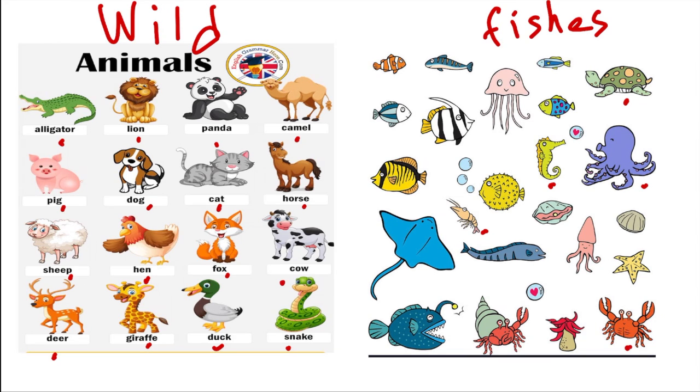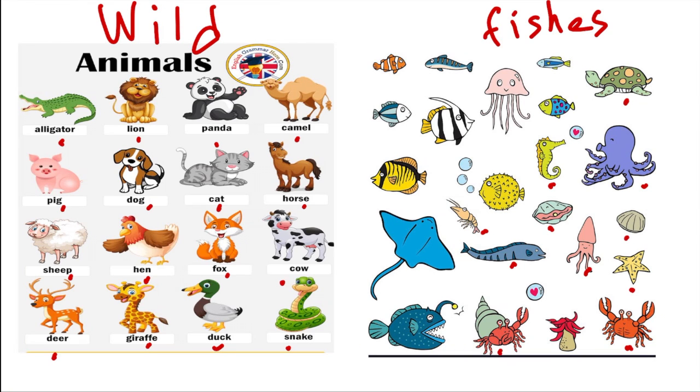And here is crab, starfish, squid, clam, shell, electric fish or eel.